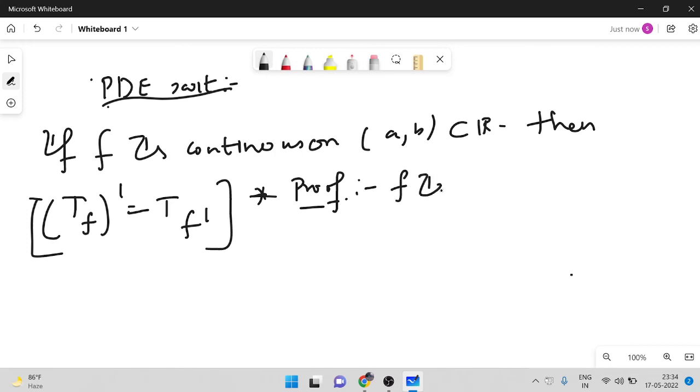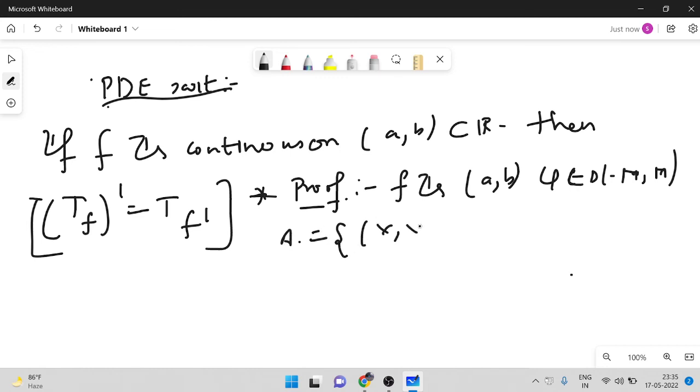So f is absolutely continuous on [a, b]. Say phi belongs to some compact D of (minus m, m). Because f is absolutely continuous and the support of phi is a subset of [a, b], let us define this particular area A of all (x, y) belonging to R2 such that minus a is less than or equal to x, which is less than or equal to y, which is less than or equal to a.